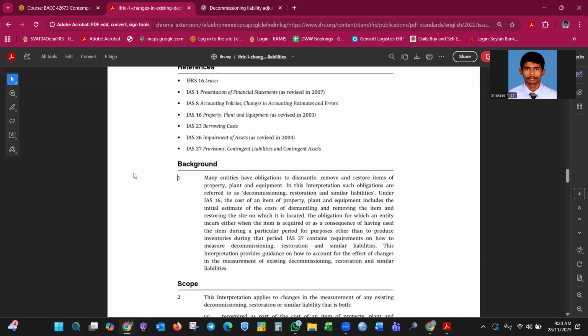It includes the initial estimation of the cost of dismantling and removing the item and restoring the site on which it is located, the obligation an entity incurs either when the item is acquired or as a consequence of having used the item during a particular period, other than to produce inventories. IAS 37 contains requirements on how to measure the liability.